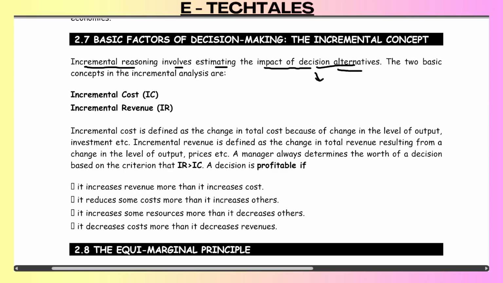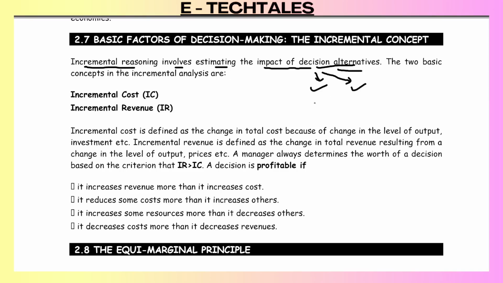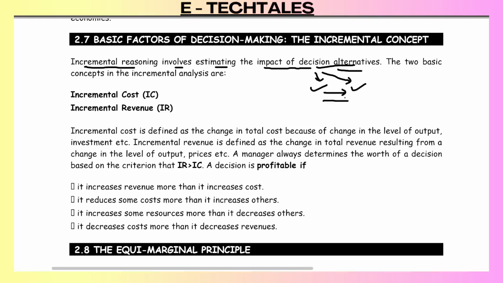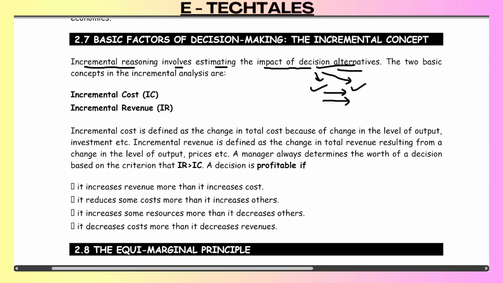Sometimes we decide to do some task and then we change it to another one. Suppose a task is to be done today and we decide not to do it today, we will do it after 1 week. So what are the compliances it can face? What are the incremental costs that it can bear? What is the incremental revenue that it will lose due to this change in decisions?